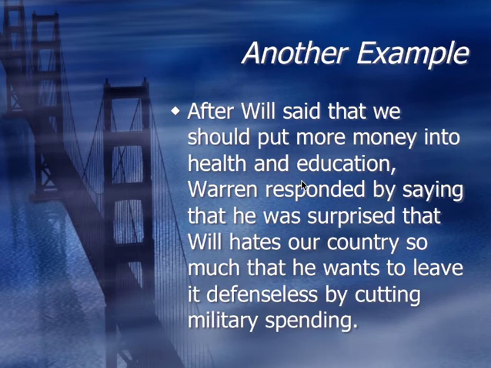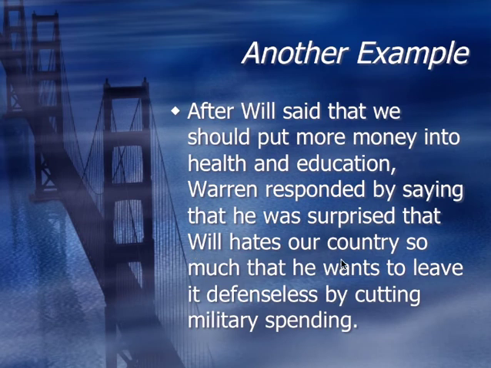Maybe Will is someone who likes raising taxes and wants to tax everything so that he can pay for military spending and health and education and this and that. Maybe that's more his platform. I don't know. But either way, he never said that he wanted to cut military spending.